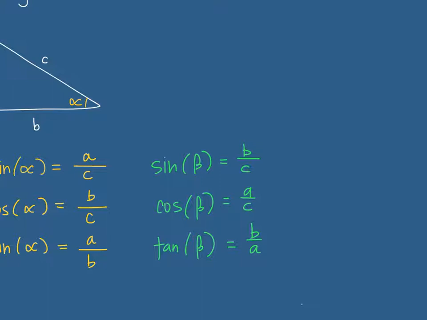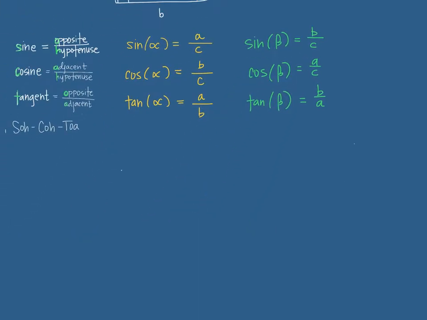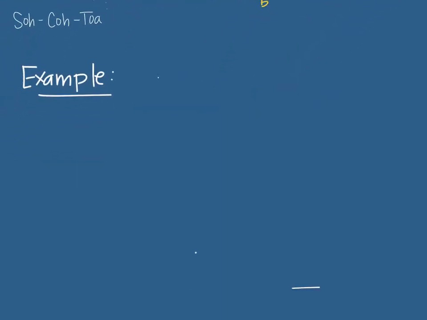Okay, so let's try one of those. This mostly should be review. Find these trig values. Sometimes you get a full triangle, and sometimes you don't get the whole triangle at all. I'm going to give you a full triangle.